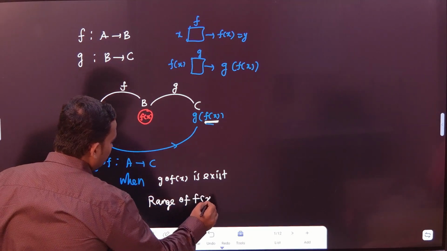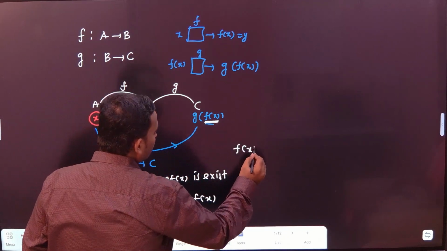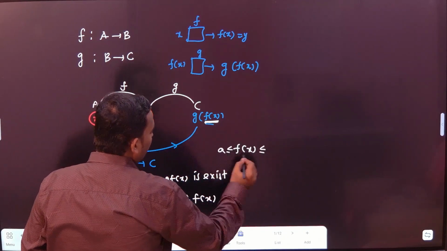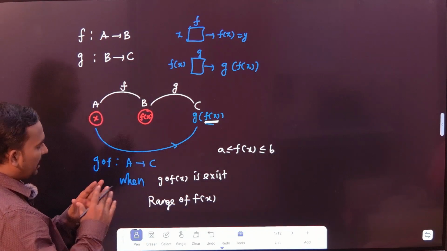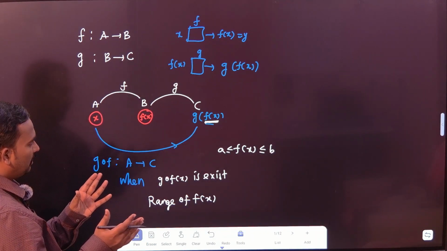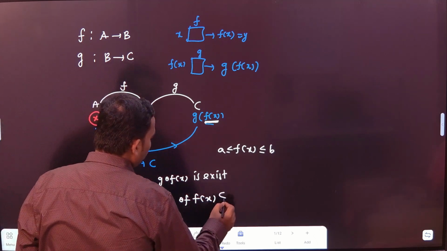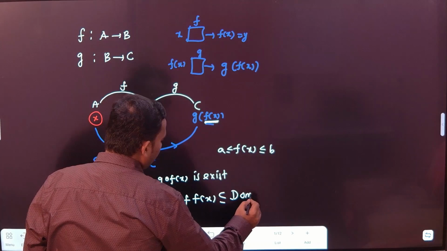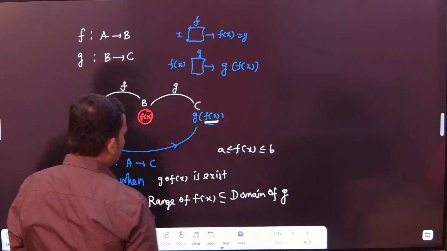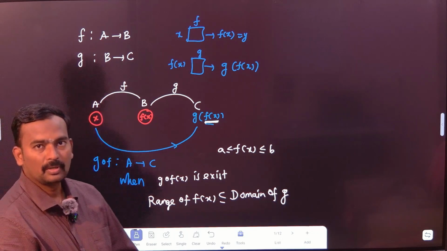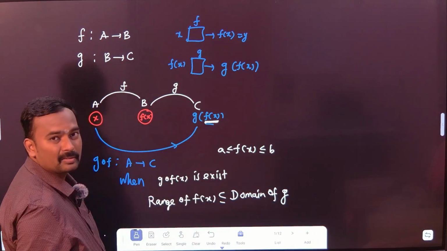Then only it will be defined. That means the range of f, A to B, should be within the domain of G. Understood? The range of f should be a subset of the domain of G, then only it is possible. Otherwise it will not be defined.